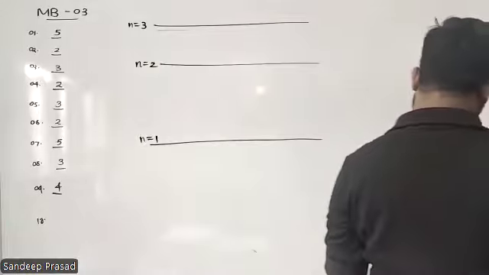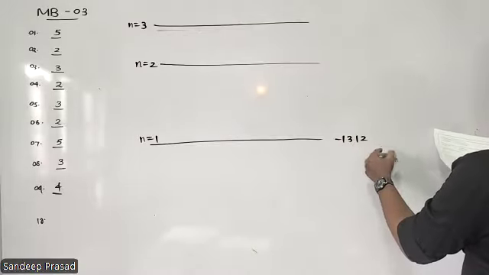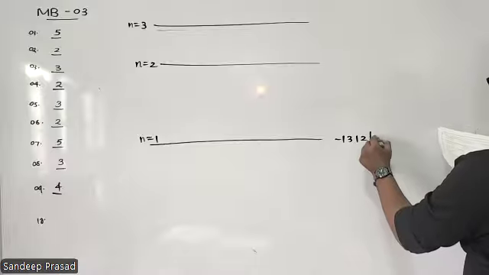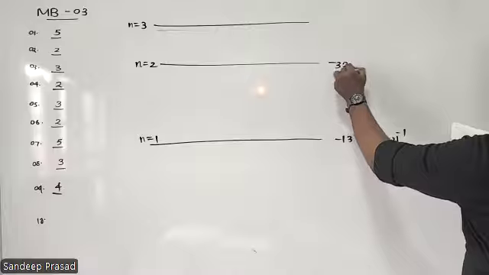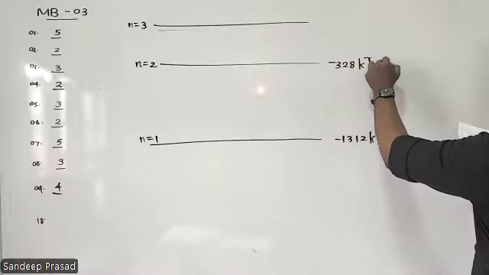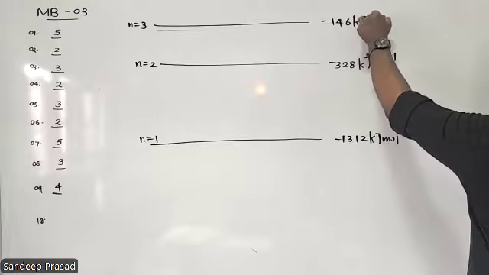Energy values they have given: minus 1312 kilojoules per mole, minus 328 kilojoules per mole, minus 146 kilojoules per mole.